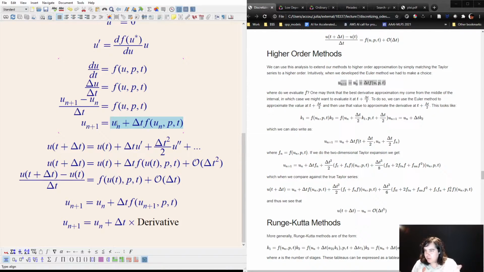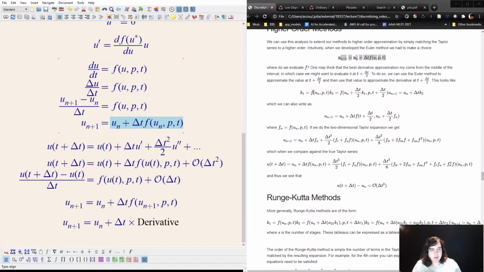And so what would be the best approximation? Your naive guess might be, just take the derivative in the middle, right? And that is where the next method comes from. Instead of taking the derivative approximation at the current time or delta t in the future, why not just do delta t over 2, 1/2 of the time in the future?